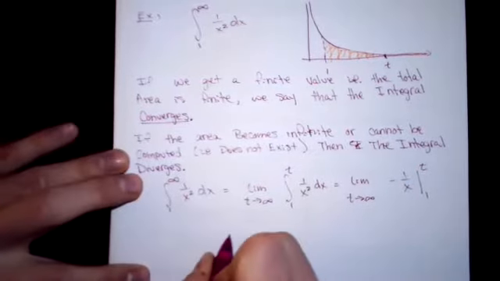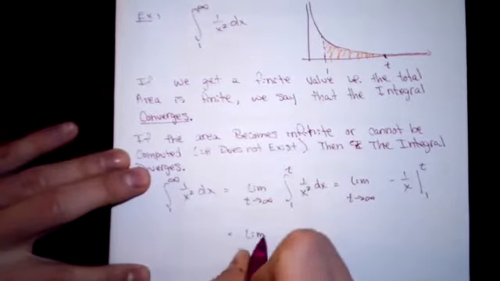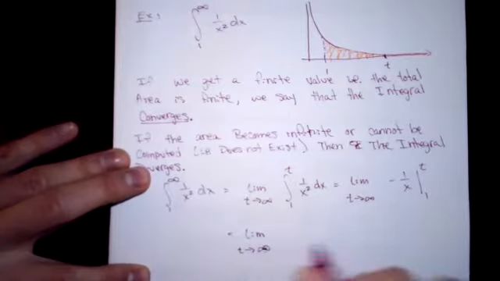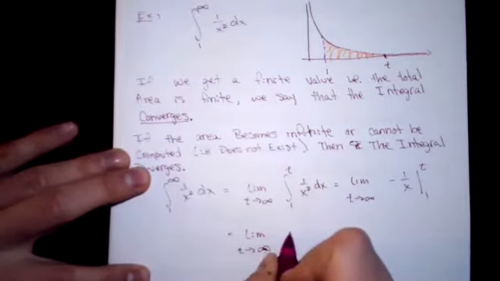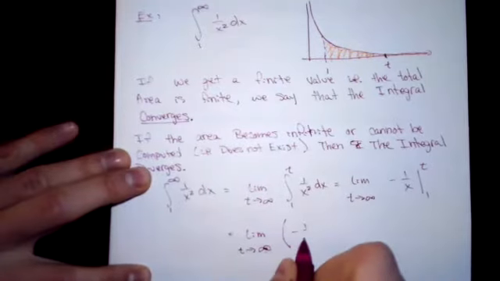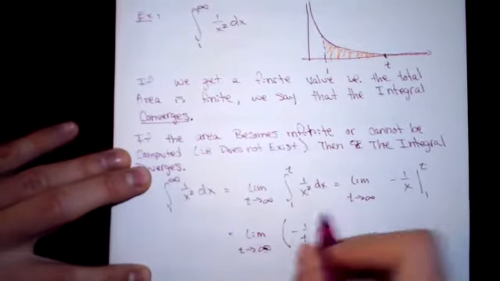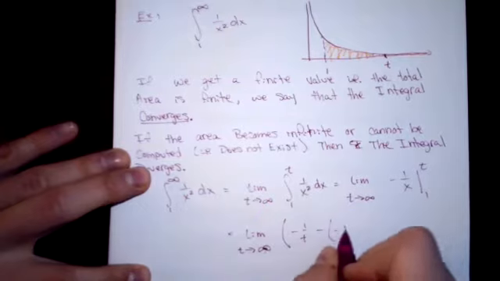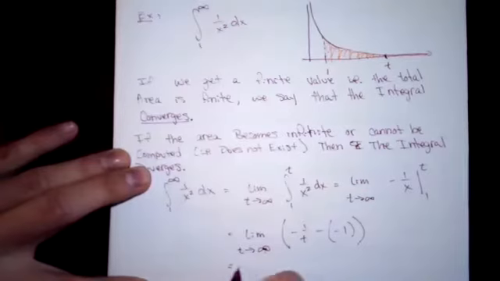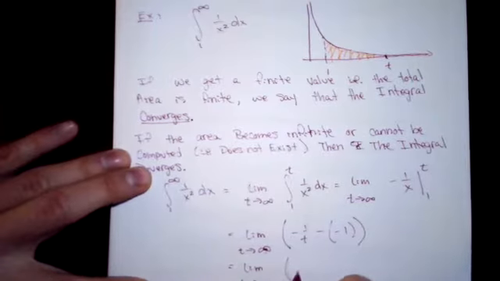And when we plug in our limits, plug in our t, we get negative 1 over t minus negative 1. In other words, we are trying to find the limit as t goes to infinity of 1 minus 1 over t.